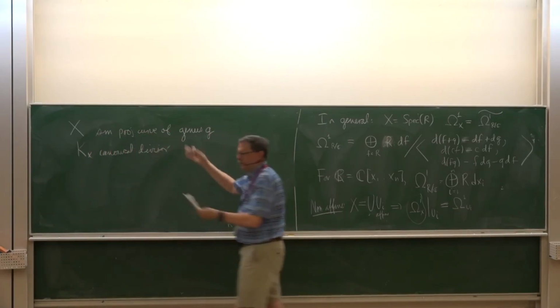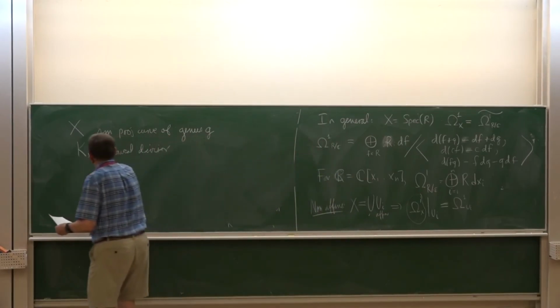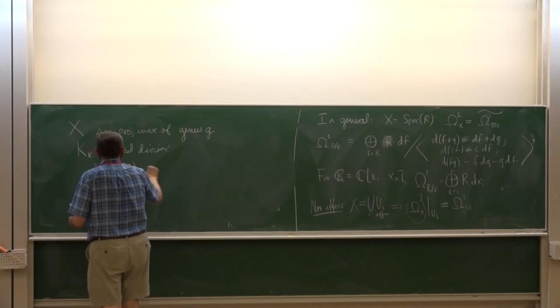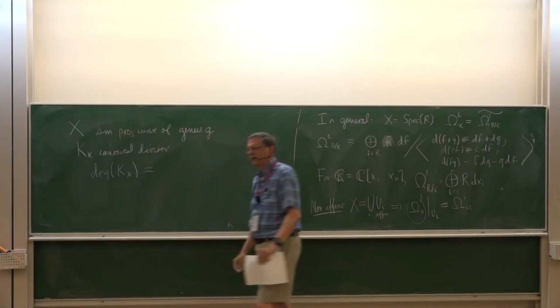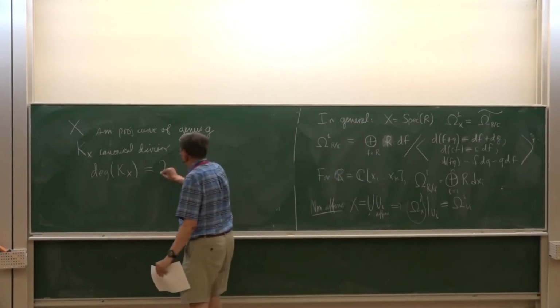In fact, in this case, of course, it's Cartier because the variety is smooth. Does anybody remember what the degree of the canonical divisor is? It's 2g minus 2.